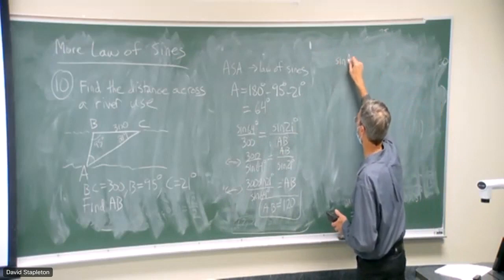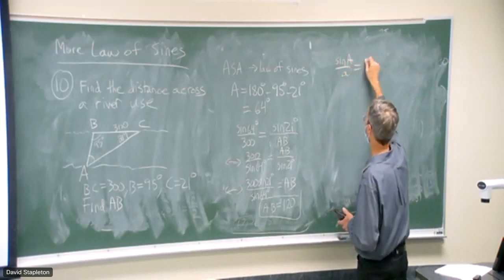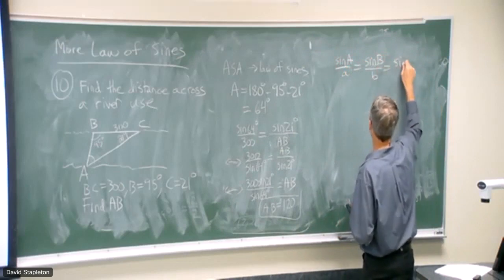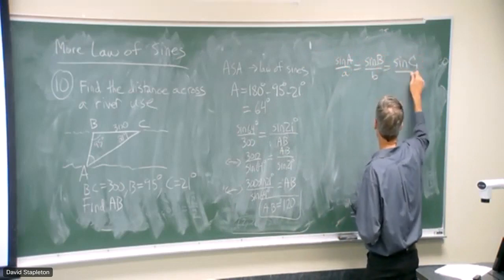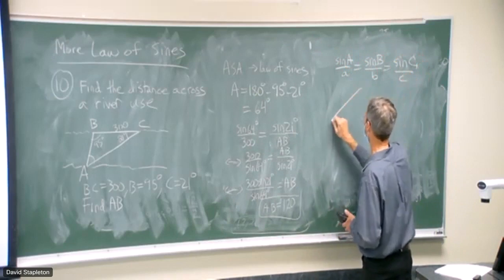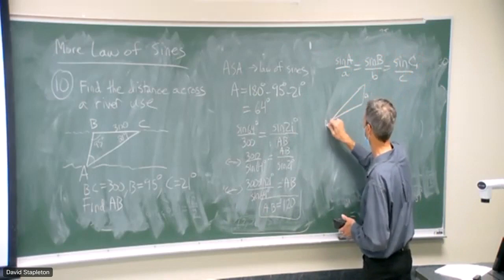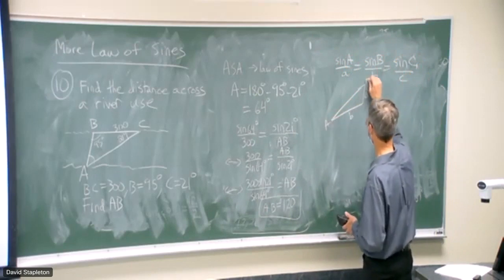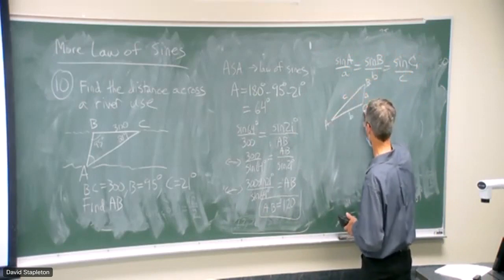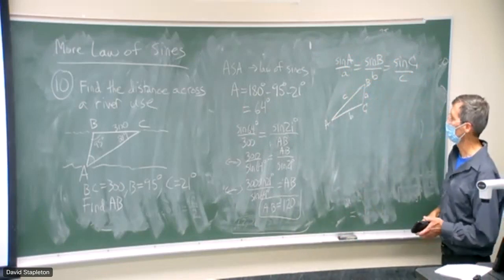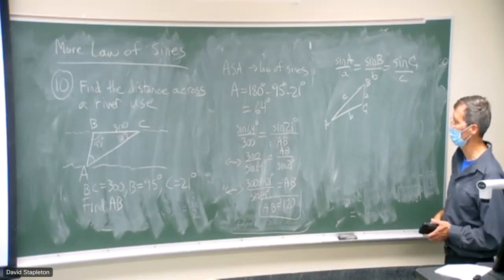Sine of angle A is to the opposite side A, and sine B, and sine C is to C in any triangle whatsoever, where A goes opposite A, B goes opposite B, and C goes opposite C. In any triangle that holds, there's the law of sines.